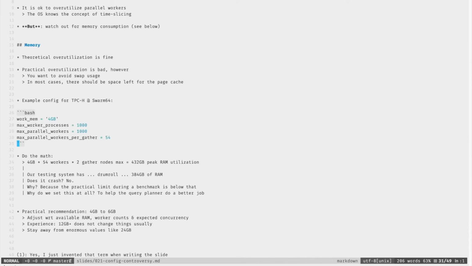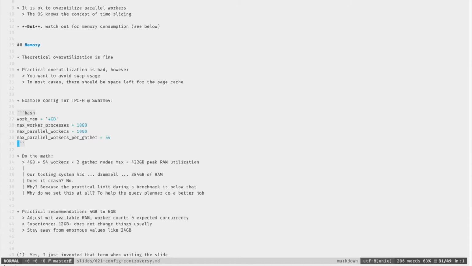Number one, work mem is an upper limit, but on the other hand, work mem is also giving the planner hints, meaning if you have work mem that is too low, then the Postgres planner is going to adjust the plan accordingly to not exceed this limit. If you increase the limit, then the Postgres planner has much more freedom. And for instance, a nested loop join turns into a hash join. Why? Because it assumes that it has enough memory.